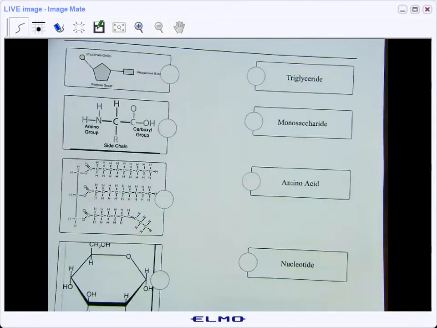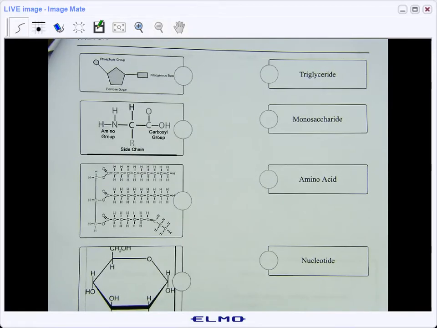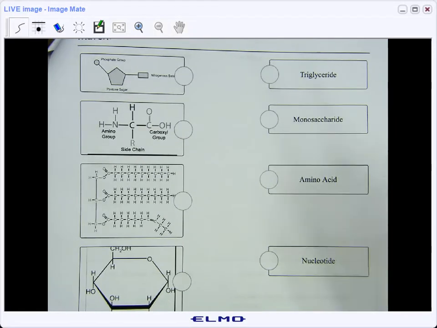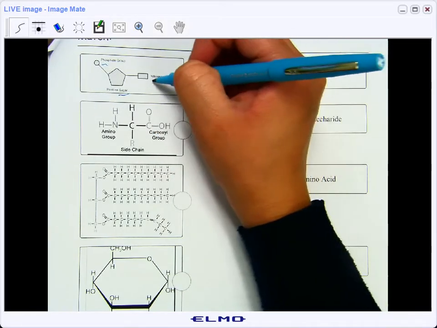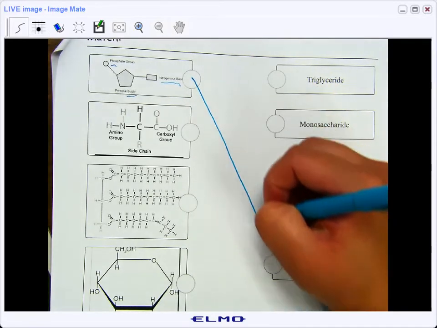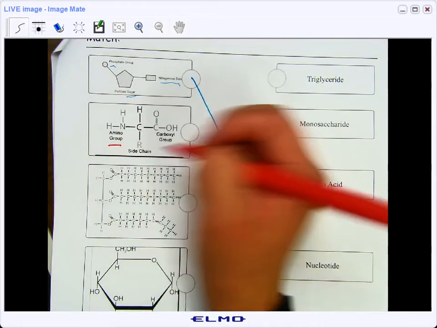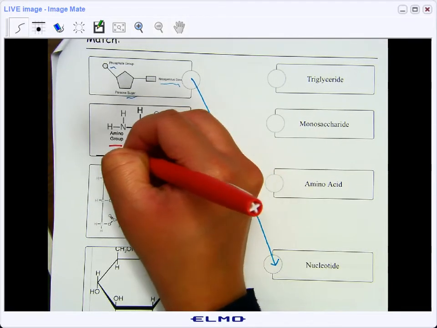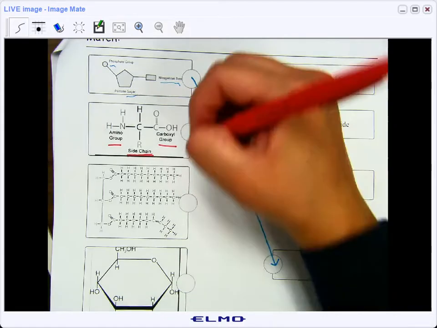All right, so now we're going to match these molecules. The first one has a phosphate group, a sugar, and a nitrogen base. That's our nucleotide. The second one has an amino group, an R side chain, and a carboxyl group. That is going to be our amino acid.